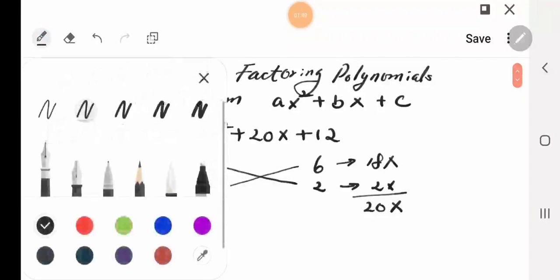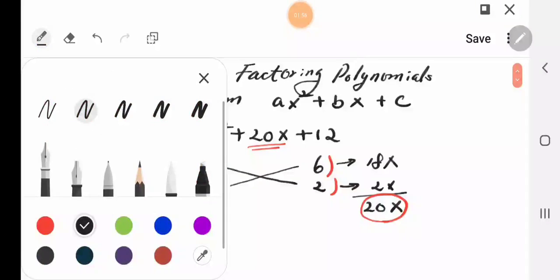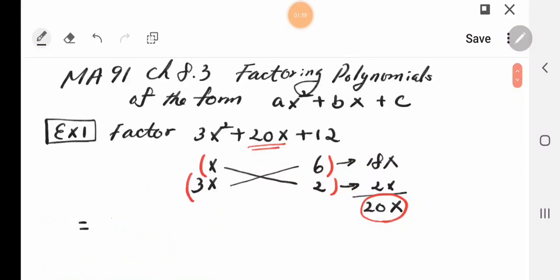If the sum is the same as the second term, then we found a match. So the answer is x plus 6 times 3x plus 2.